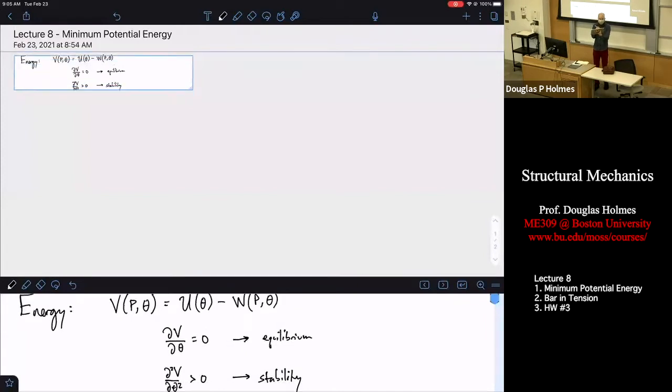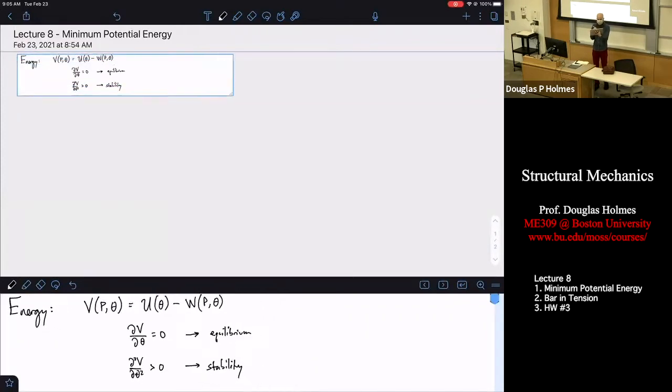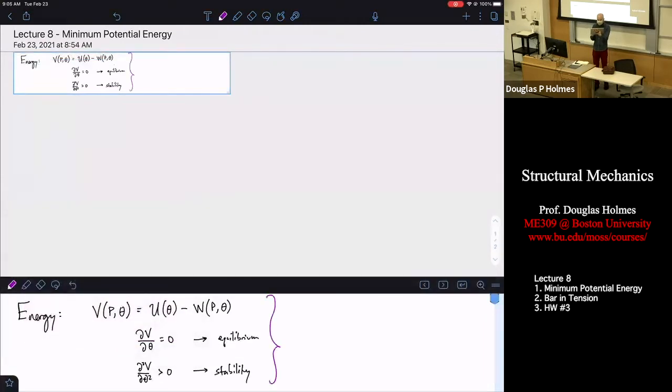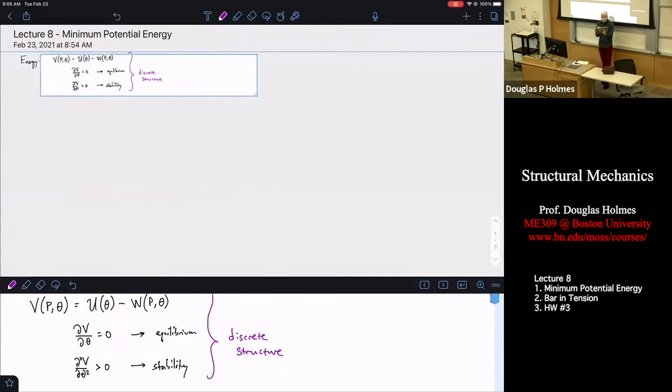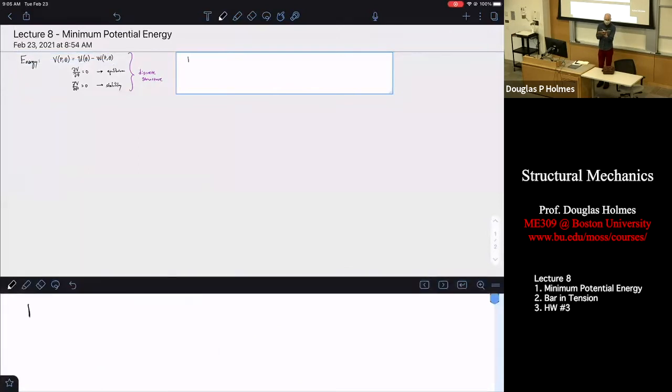So this would be for a discrete system. For a continuous structure, things change.